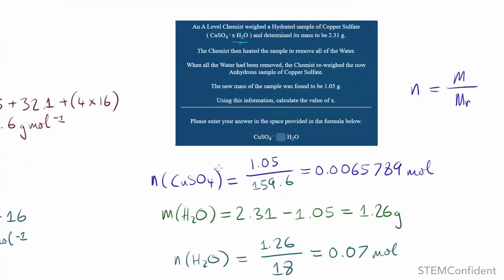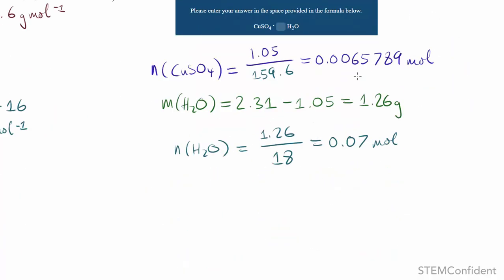If you look at the structure of the formula, we've got the copper sulfate on the left hand side and H2 on the right hand side. So I'm going to set up a ratio comparison, following a similar structure, with the copper sulfate on the left hand side. This is the number of moles of CuSO₄ compared with the number of moles of H2O.